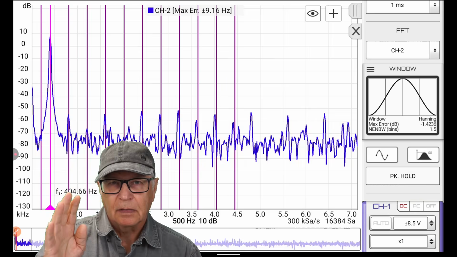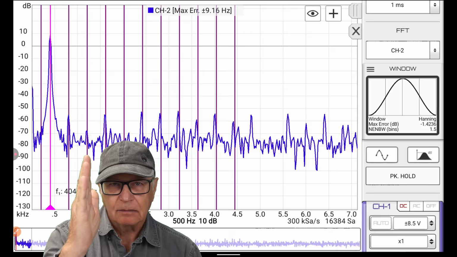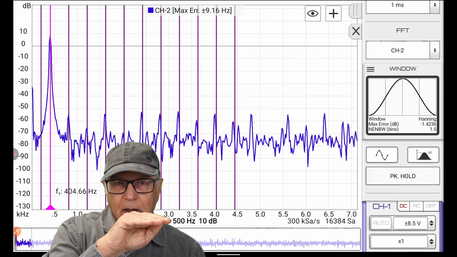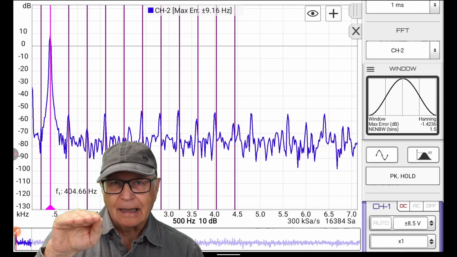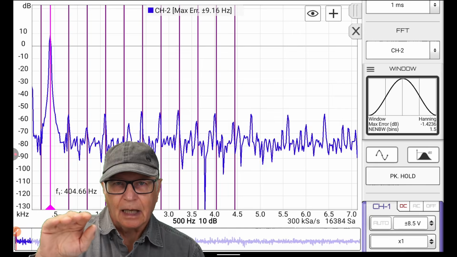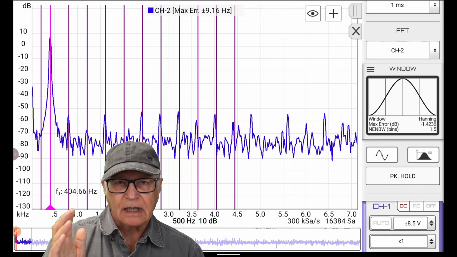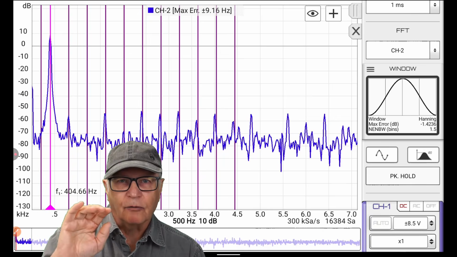In this view, we have amplitude in decibels on the vertical scale plotted against the frequency on the horizontal scale. And because the frequency is on the horizontal scale, we say that we are working in the frequency domain.